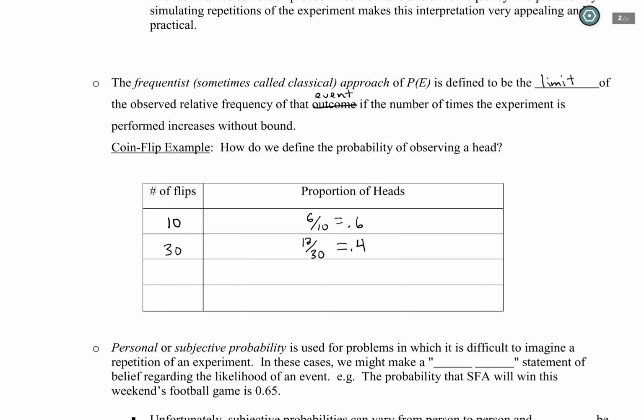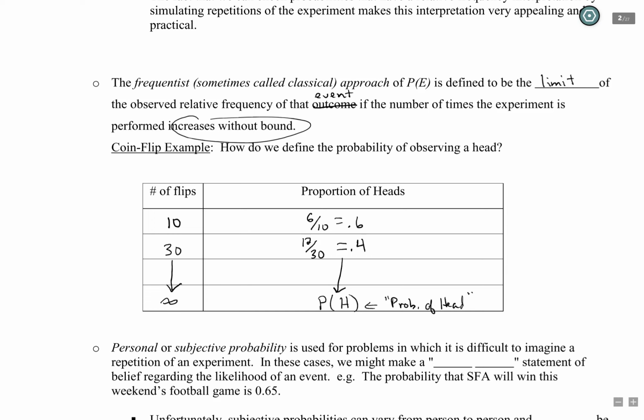Now this definition says, let the number of times the experiment increase without bound. So I'm going to let the number of flips go to infinity, and whatever this number approaches, that's what we think of as the probability of a head. So this here is the probability of seeing a head on the flip.